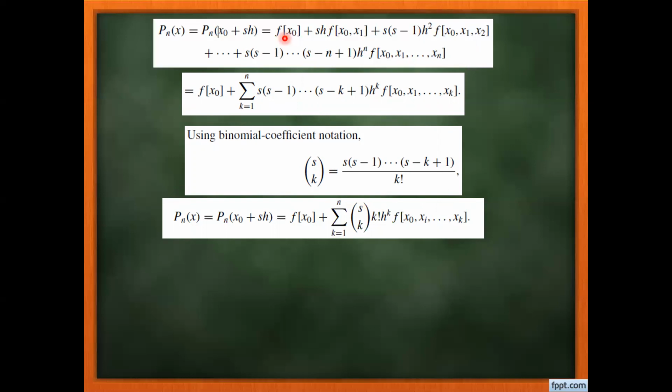So do remember the form is f of x naught plus s h plus s into s minus 1, plus s into s minus 1 into s minus 2, with h raised to the power, until it reaches s minus n minus 1, which becomes s minus n plus 1 by opening the negative sign, h raised to power n. So the link you can see here is that it ends at 1, so the h power is 2.